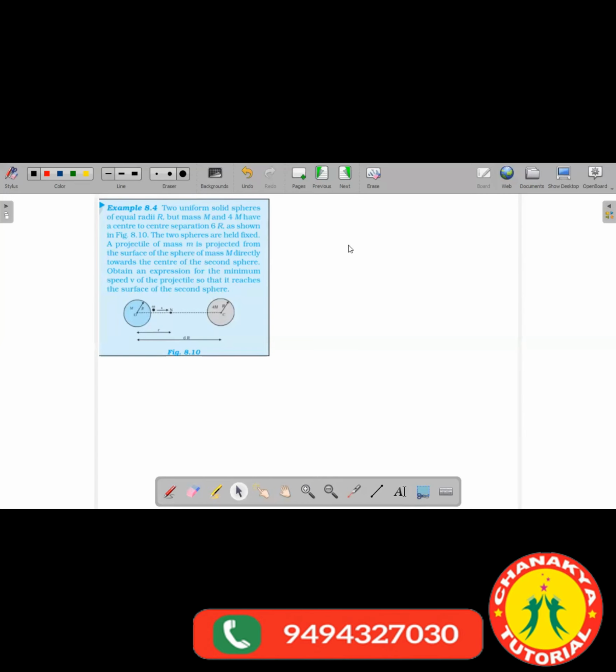A projectile of mass m is projected from the surface of the sphere of mass m directly towards the center of the second sphere. Obtain an expression for the minimum speed v of the projectile so that it reaches the surface of the second sphere. This question utilizes very good concepts of gravitational potential energy and the null point.